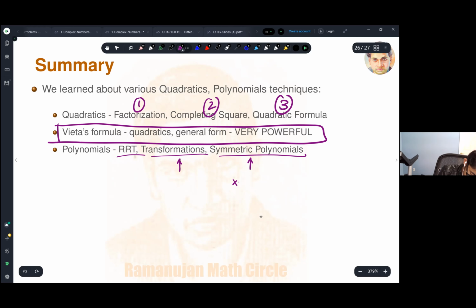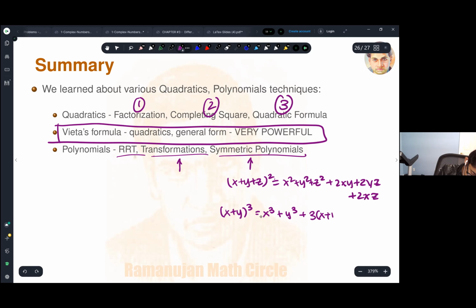For example, x plus y plus z squared is equal to x squared plus y squared plus z squared plus 2xy plus 2yz plus 2xz. And similarly, x plus y cubed is equal to x cubed plus y cubed plus 3 times x plus y times xy. So things like that are very useful to know.